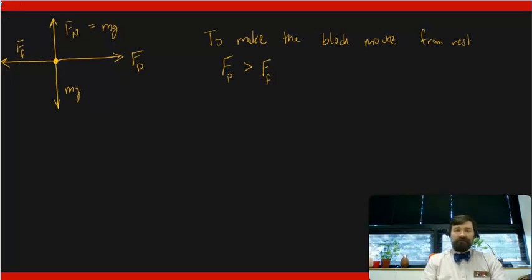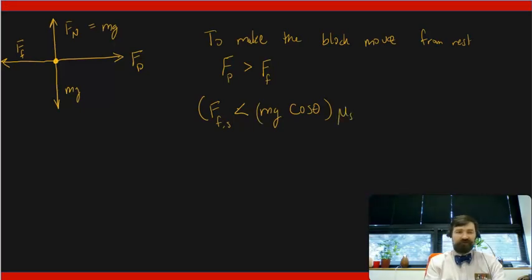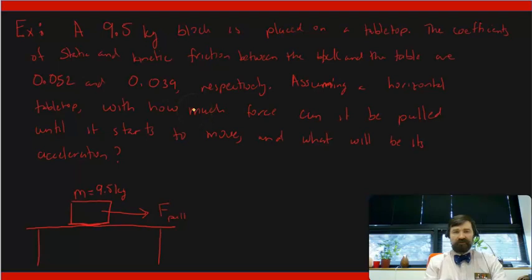So in equation form, we also know that for static friction, this must be less than or equal to the normal force, which in this case is mg times the cosine of the angle theta, all times the coefficient of static friction. So coming back over here, we're told that the coefficient of static friction is this term right here.